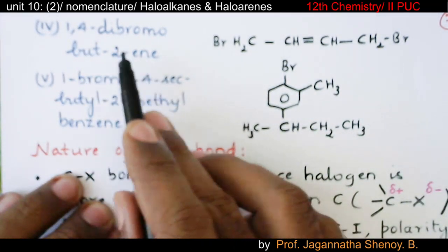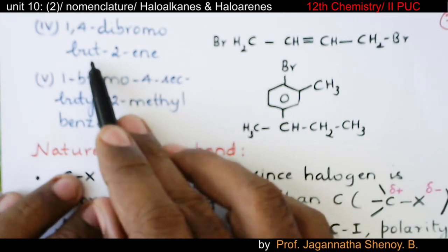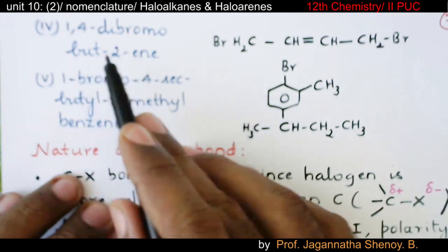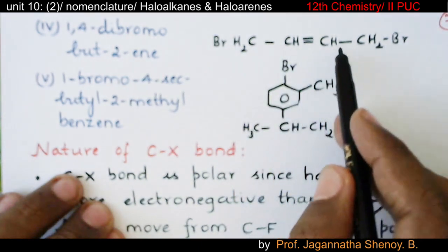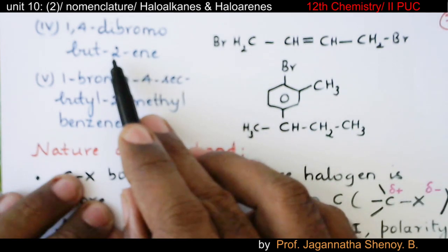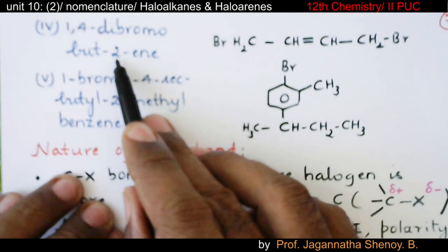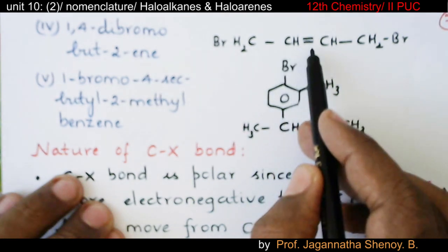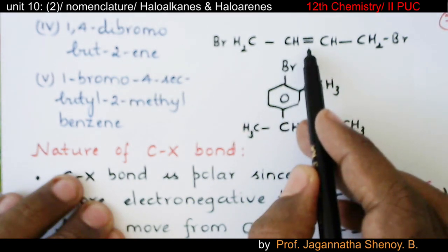So consider this: 1,4-dibromobut-2-ene. When you look at this, the root word clearly tells you that there are 4 carbon atoms in the main chain. So 1, 2, 3, 4. And 2-ene tells you that after the second carbon atom there must be a double bond. So after the second carbon atom, I have placed a double bond.